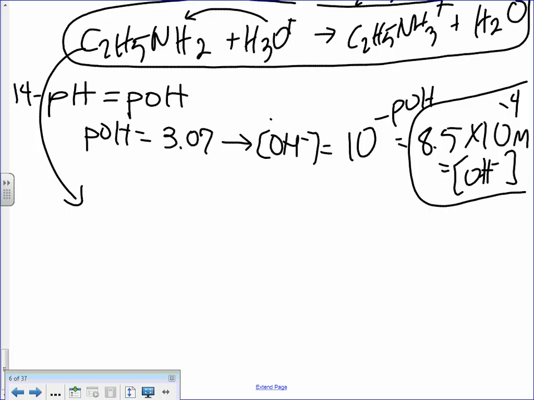So what's 0.5 times 0.5? 0.25. So that's 0.25 moles of the ethylamine. And then the strong acid, they gave you 0.2 molar HCl and 0.5 liters. So how many moles is that? 0.2 times 0.5 is 0.1.